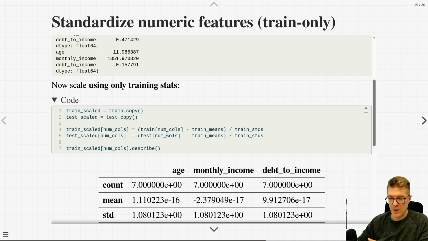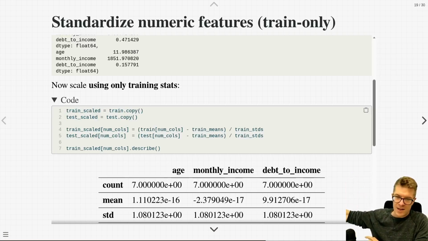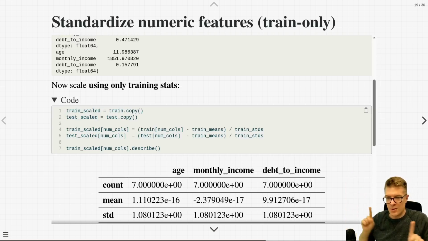I also want to scale the test data, like I mentioned a moment ago, but I have to make everything in the same dimension. It doesn't make sense to scale the training data on a scale relative to the training data, and scale the test data on some other scale, because those two scales will not coincide with one another. They'll be on entirely different spaces with different means and different standard deviations.